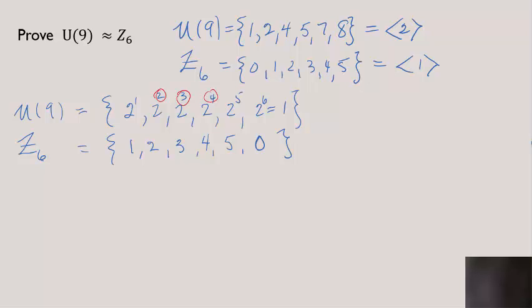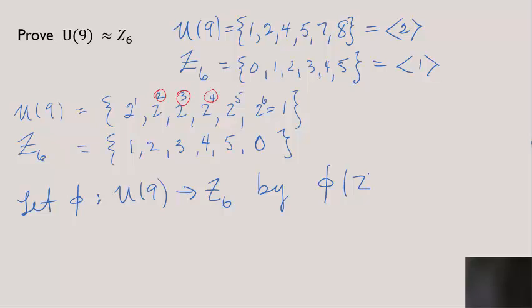This is called a natural mapping from U9 to Z6, 2 cyclic groups of order 6. So I'll define the mapping. Let phi map U9 to Z6 by phi of 2 to the n equals n mod 6.